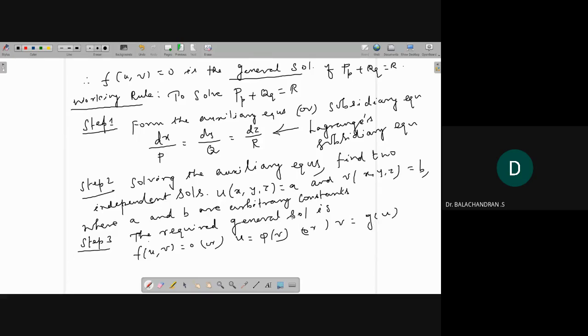The required solution is any one of these forms: function of u comma v equal to 0, or u equal to a function of v, or v equal to some function of u, where f, phi and g are arbitrary functions.